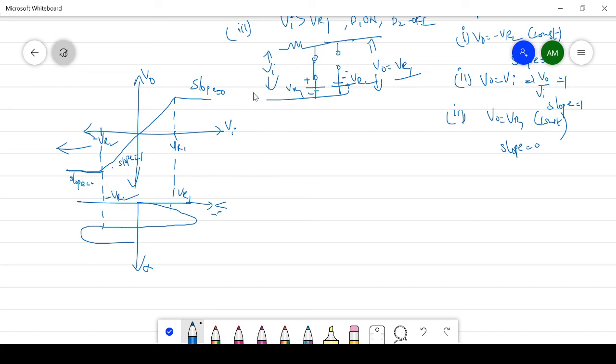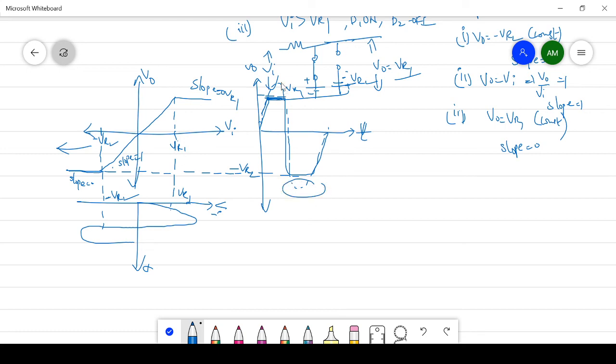So how do we get the output here? By using this circuit we can eliminate a small portion of both the positive half and the negative half.